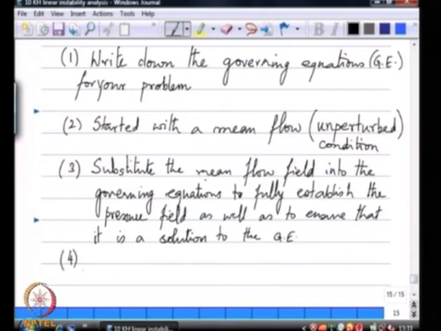Okay. So, essentially this is a check where we make sure that what we had for our mean flow field does indeed satisfy the governing equations.